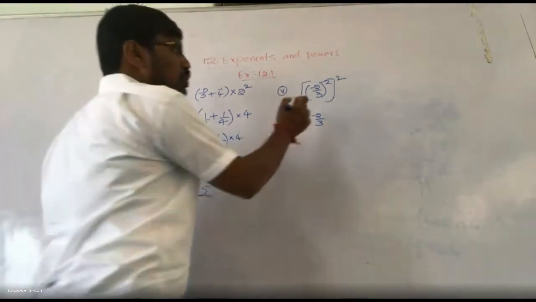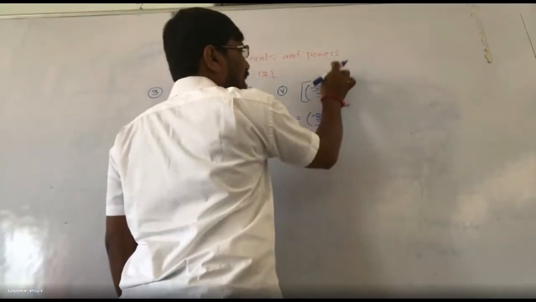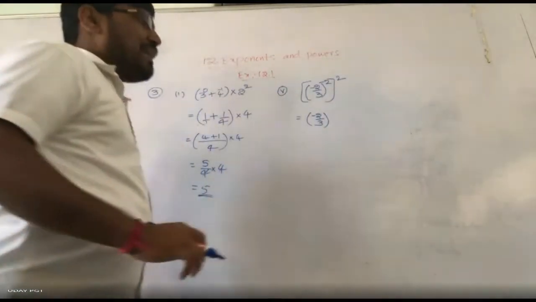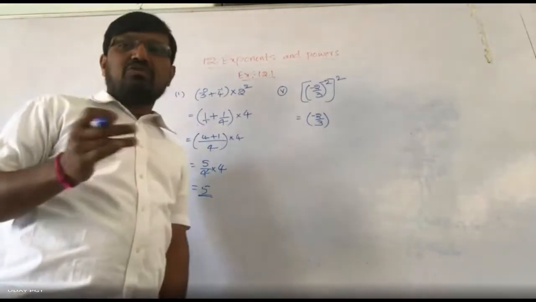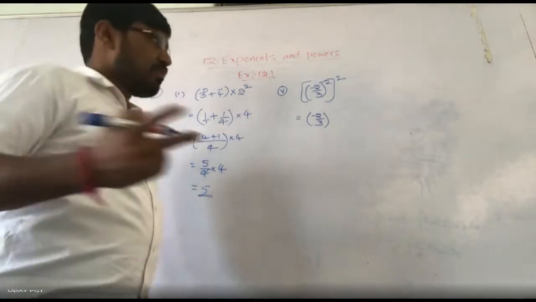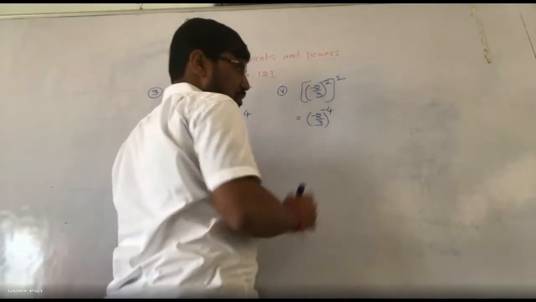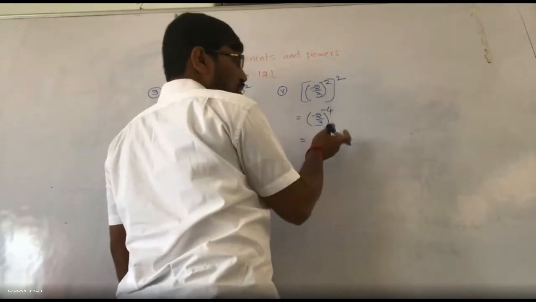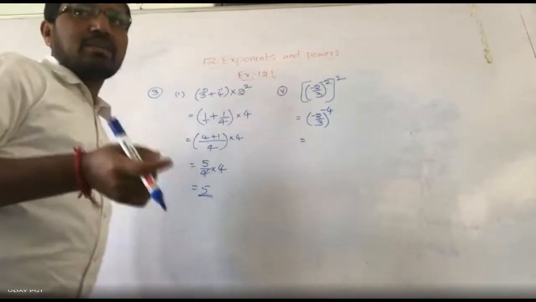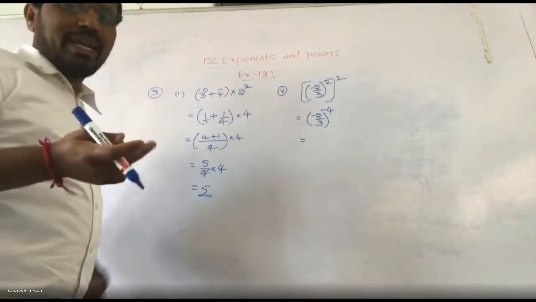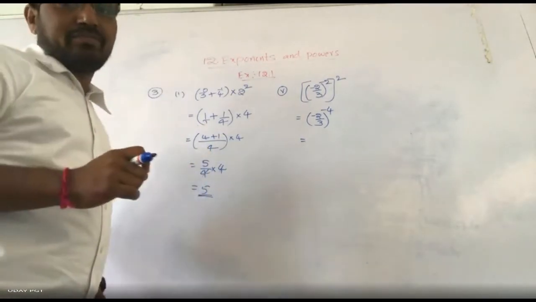Okay. So minus 2 by 3 whole to the power of minus 2, this problem can be solved in two ways. First you multiply these two powers, which gives minus 4. When you have minus 4, to make it a positive power we have to interchange the numerator and denominator.